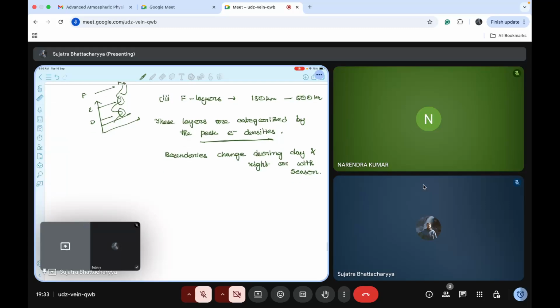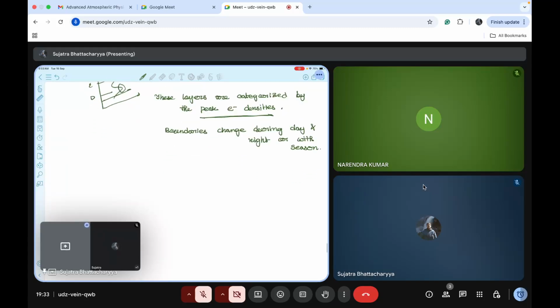Okay, so how are these ions created? When you are talking about ions and electrons, because when you create an ion, some electrons will also be created. How are these ions created in the ionosphere? There are many sources.